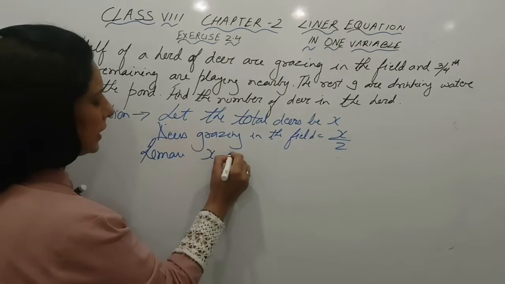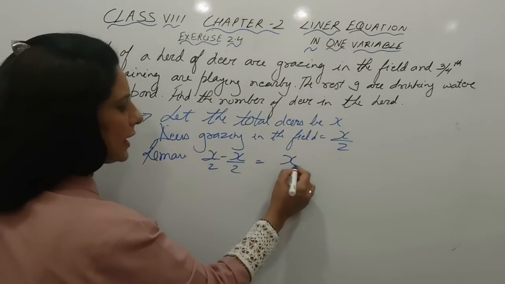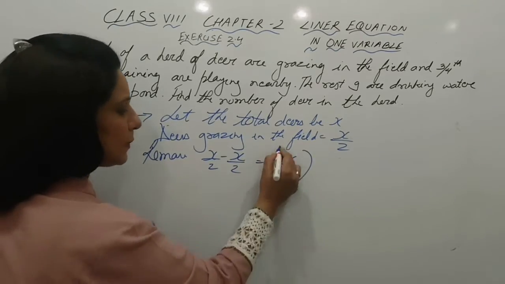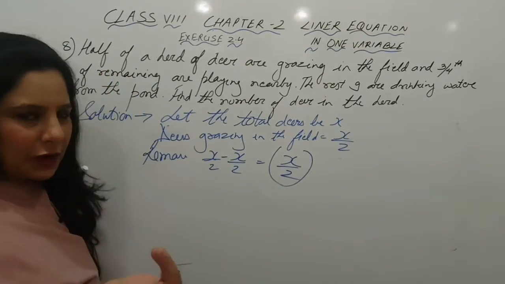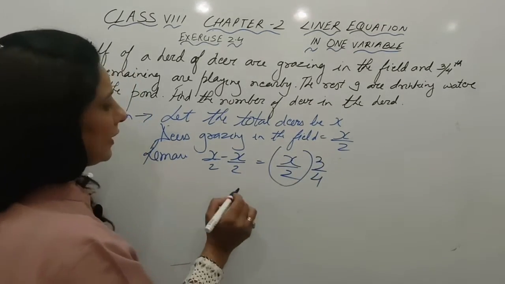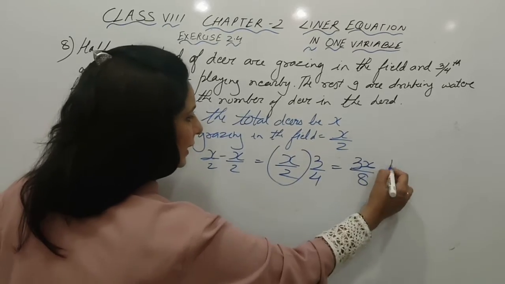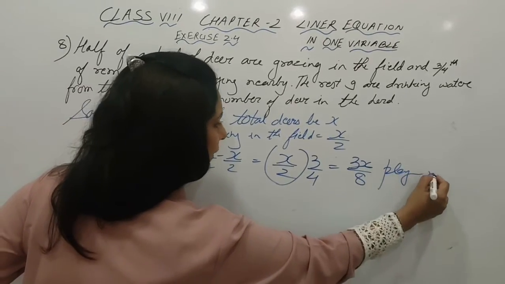Remaining deers become x minus x by 2. That becomes again x by 2. और x by 2 जो remaining रह गई हैं, half अगर graze कर रही हैं तो half बचेंगी. उसका जो 3/4 है, they are playing nearby. That means 3x by 8 are playing nearby.